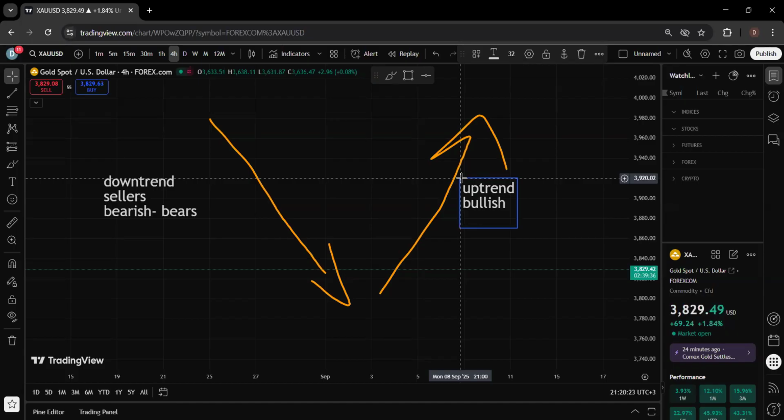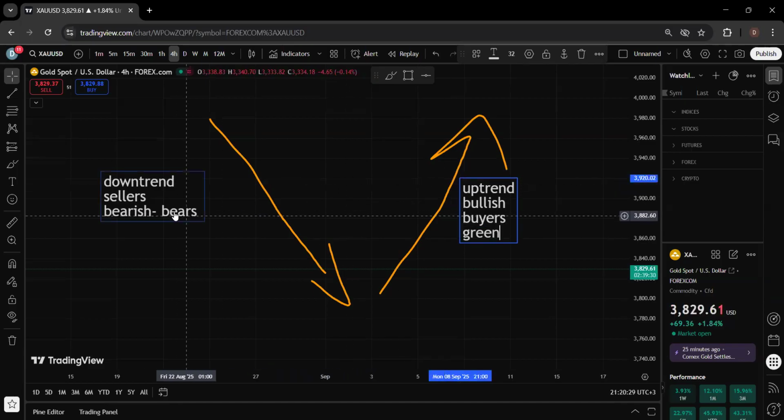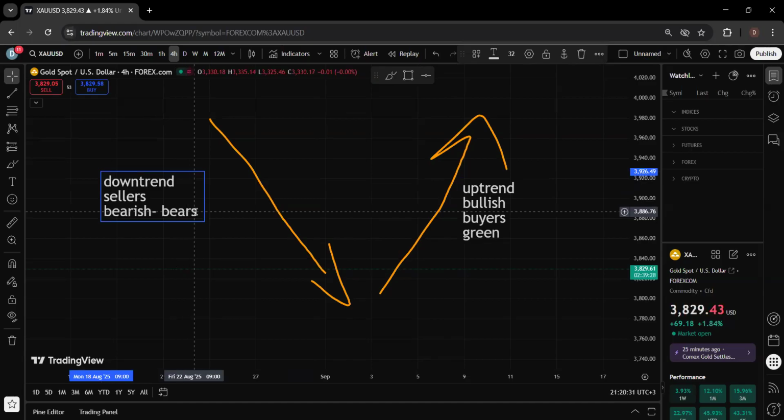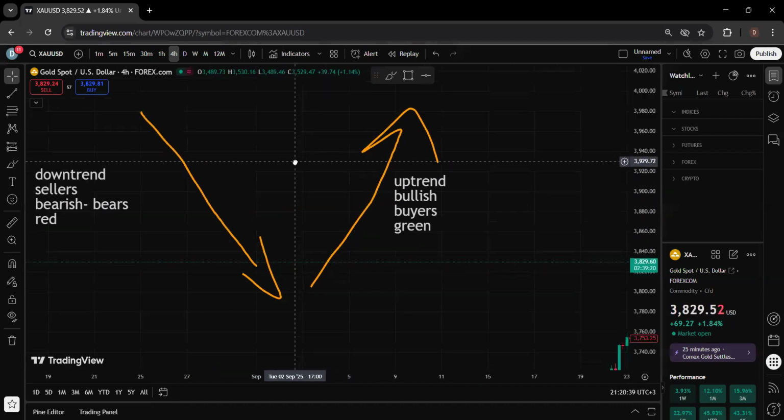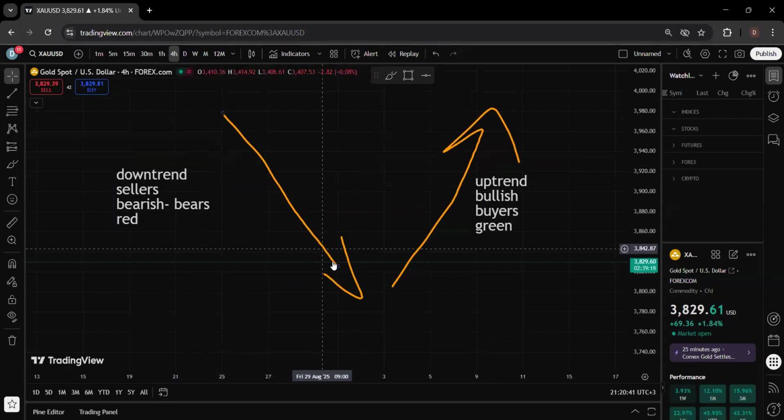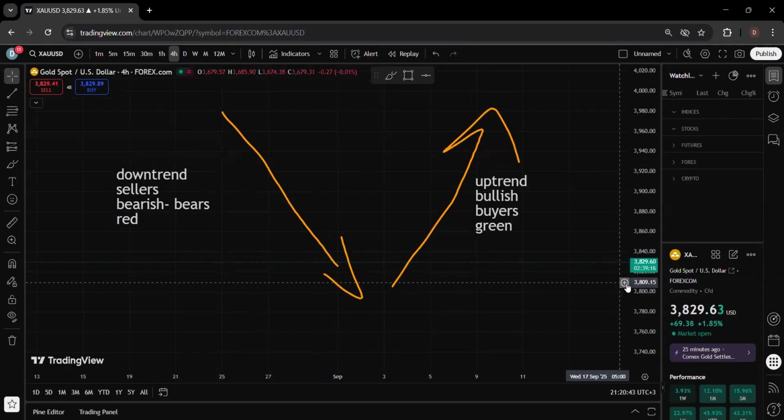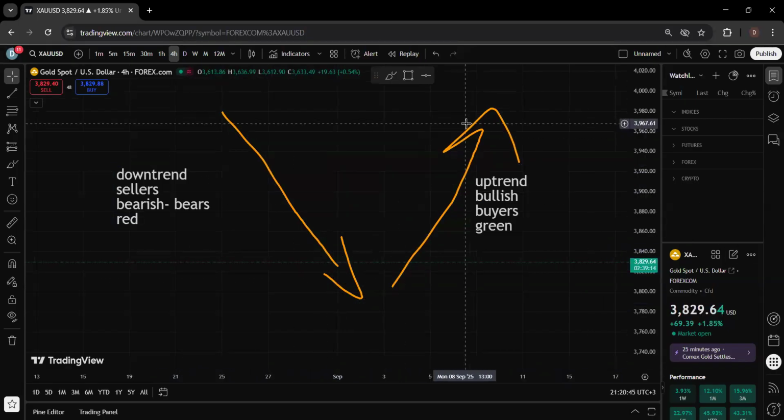This market is dominated by the buyers, and the candles are usually in color green, while for the bears and the down trade market, the colors are usually red. So those are the two major moves we have in the market: down trade when the price is pushing down, then the up trade when the price is pushing up.